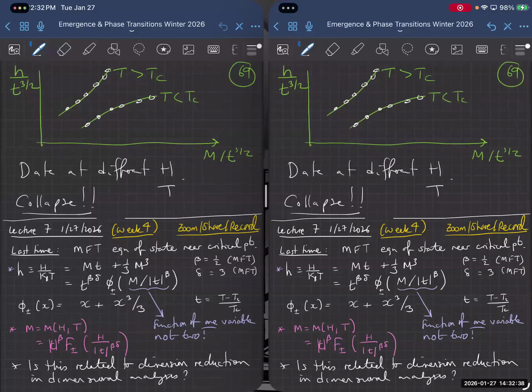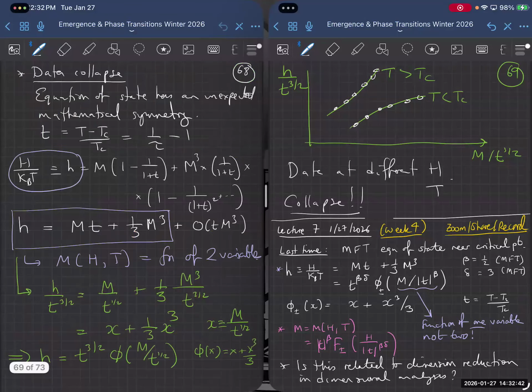Okay, so what we did last time was we did mean field theory, and we derived it in a way that I'm not going to repeat. We ended up with the mean field equation of state near a critical point, which I'm showing you over here, and that had that form.